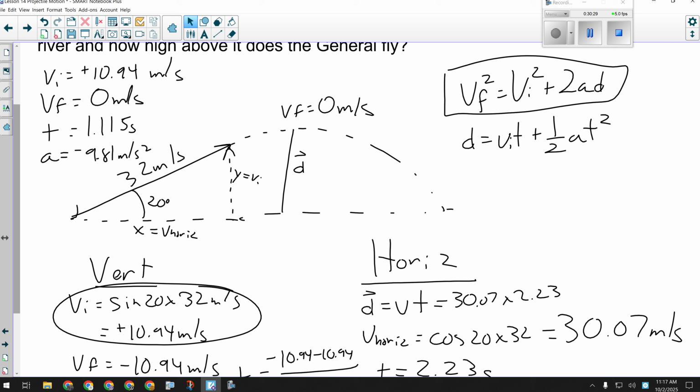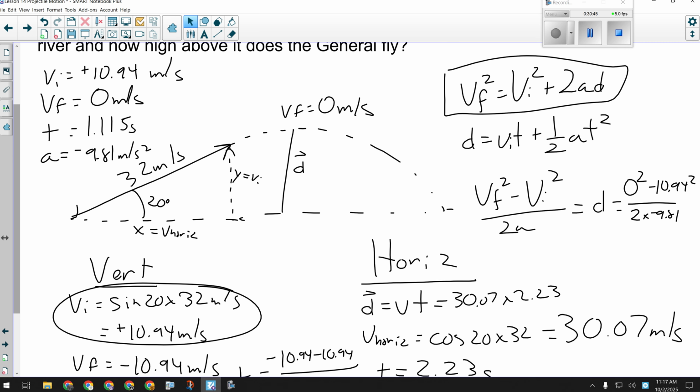So I'm going to bring VI over to the other side. So I'll have VF squared minus VI squared over 2a equals d. Plug in my numbers. 0 squared minus 10.94 squared divided by 2 times negative 9.81.